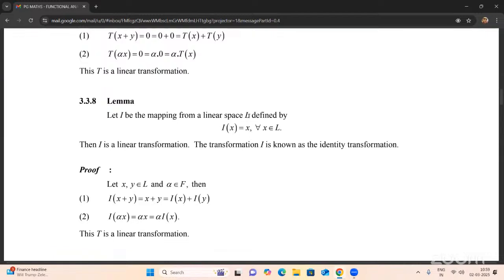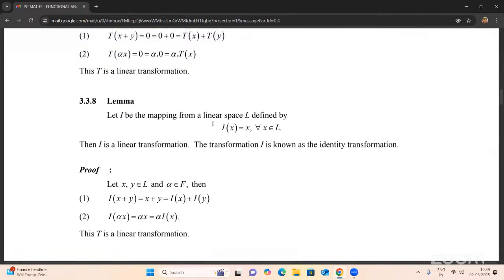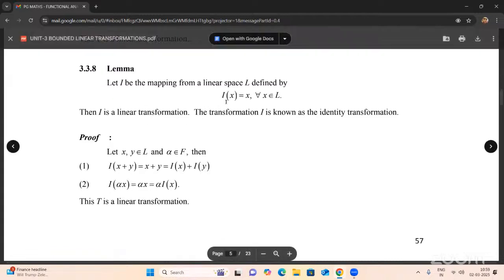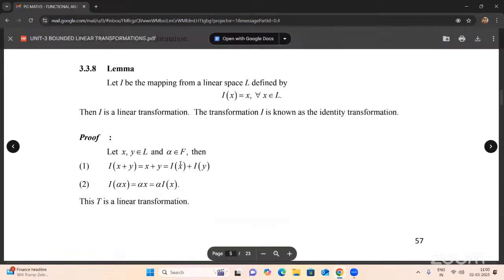Here I is defined from L to L, because this is the identity mapping. So the identity mapping has the relation I of X equal to X, and it is also a linear transformation. In the same manner, we take I of X equal to X, and let Y be an element in the real linear space of the domain, so I of Y equal to Y. That is why I of X plus Y equal to X plus Y. X means I of X, Y means I of Y, so the first condition is verified.